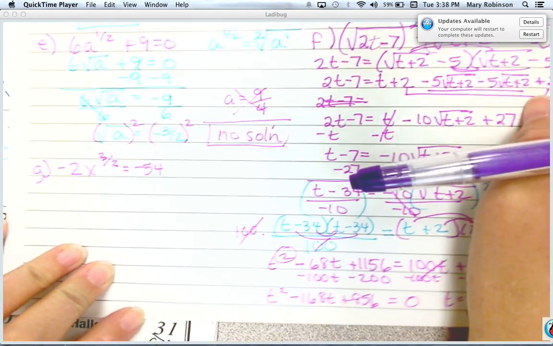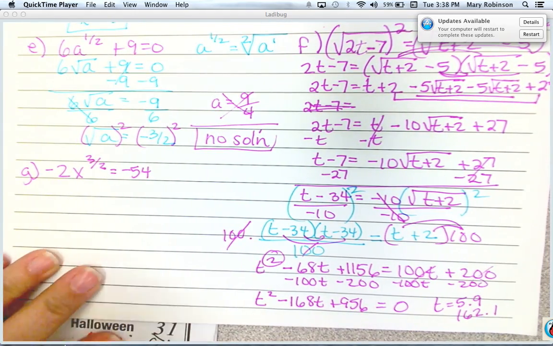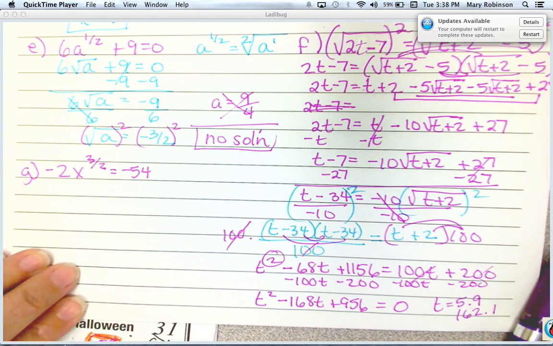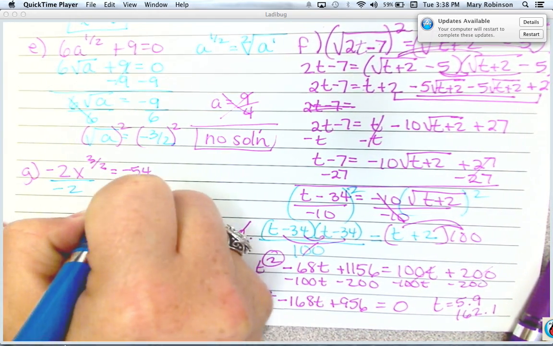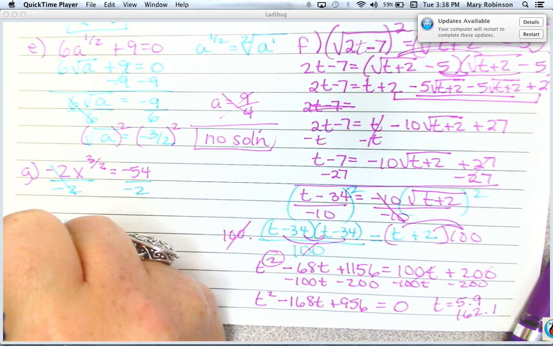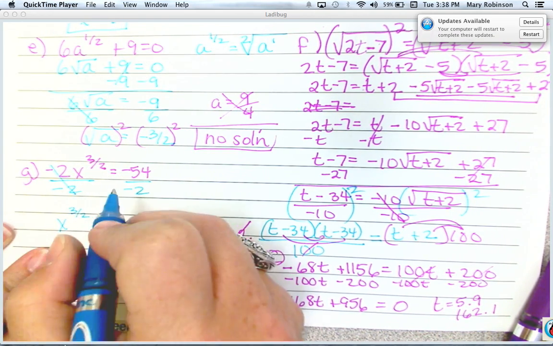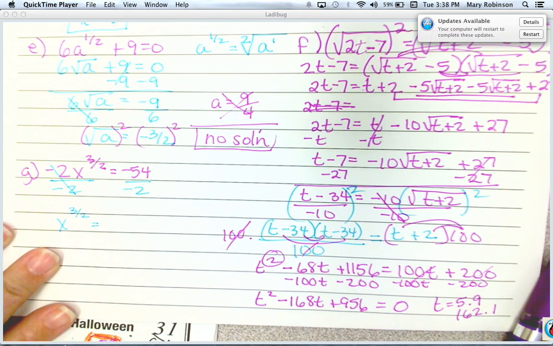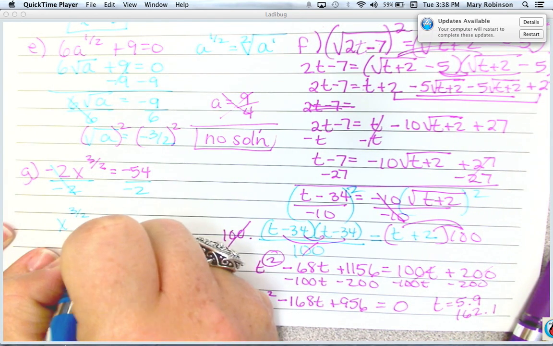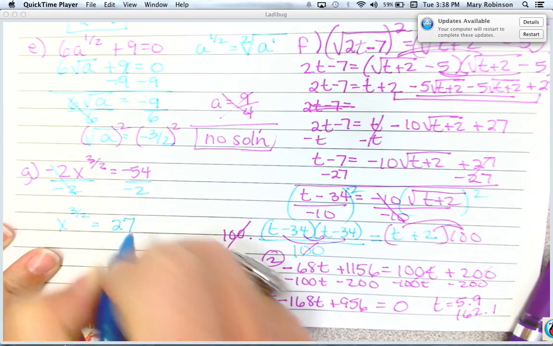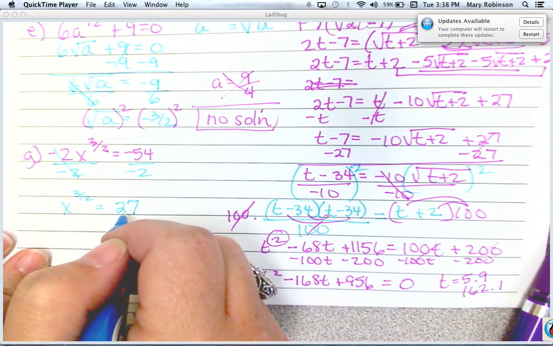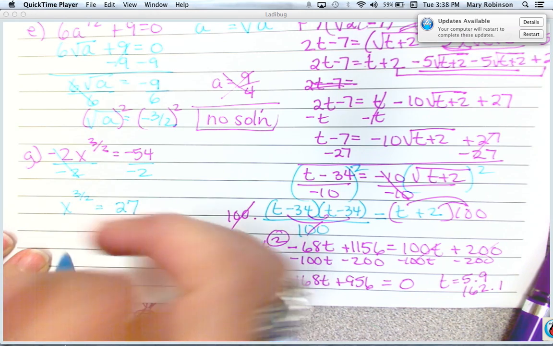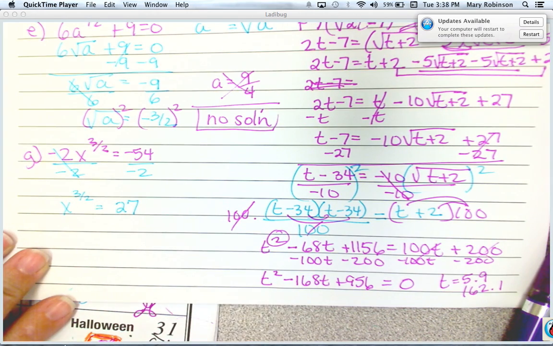All right, next for G, we are solving a rational exponent problem. So the first thing we want to do is divide both sides by -2. We get x to the 3/2 equals 54 divided by 2 is 27. Now I am going to expect that you can convert this to a radical and then simplify it.